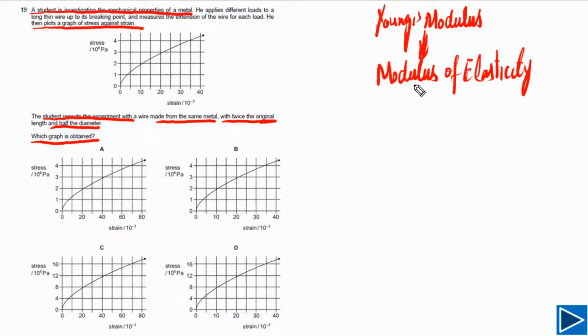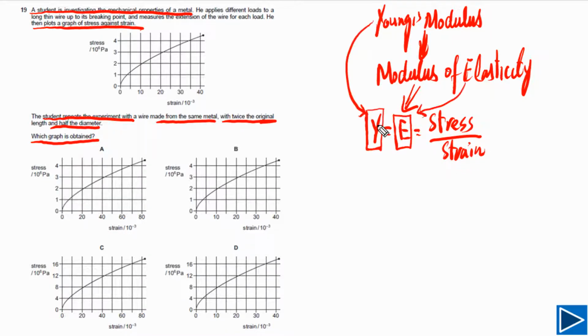Now let's try to understand what is the relationship between Young's modulus and stress and strain. Young's modulus is the ratio between stress and strain. So simply we can say stress divided by strain. You can use Y or you can use E. Now, we also need to understand that Young's modulus is a property of material.